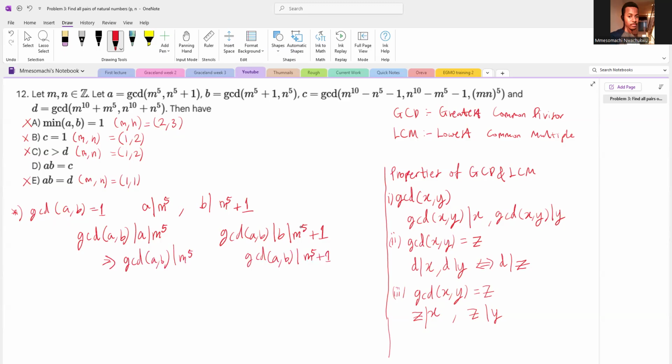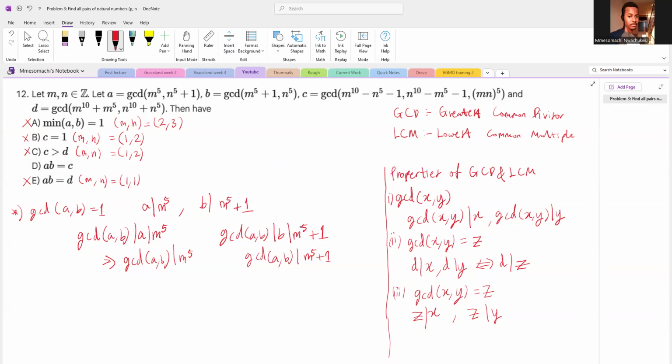For this line, I used a property of division: if A divides B and B divides C, then A divides C. Coupled with property 1, the GCD of A and B divides A and divides B.